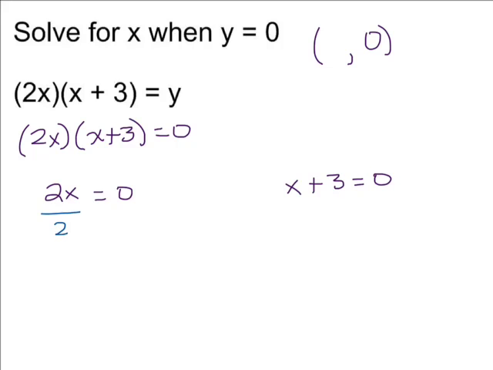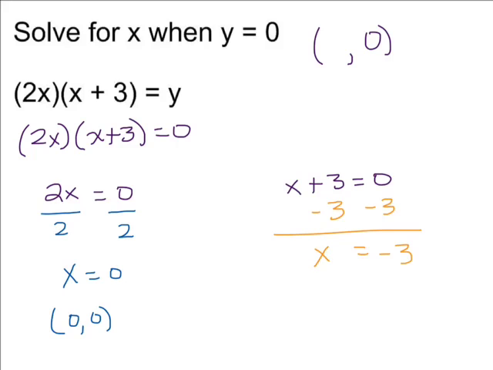And if I divide by 2 over here, I get x equals 0. And so the ordered pair over here is 0, 0. On this problem right here, I'm going to subtract 3. And x equals -3. So this point is -3 and 0. Now, these are called roots.